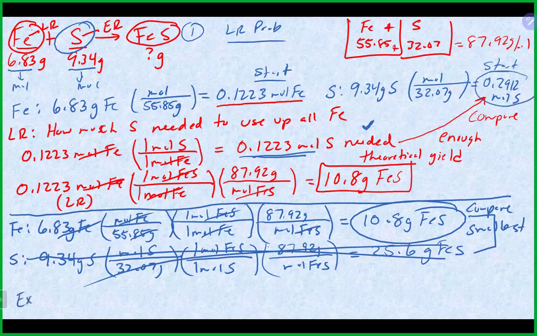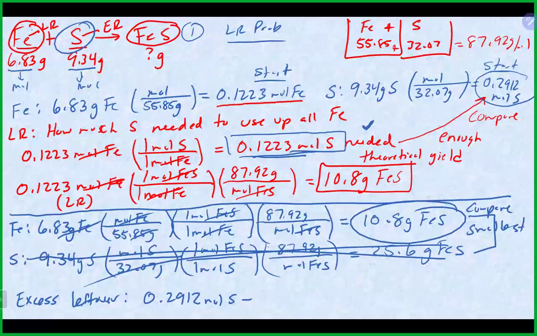So if we wanted to figure out how much of the excess is left over, we basically just subtract those numbers. We take the moles of the excess reagent we started with, and subtract how much we needed of the excess reagent. That would be 0.2912 minus 0.1223.